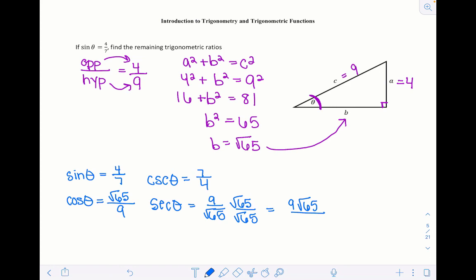And so the square root and squares sort of cancel each other out, which just leaves 65 in the denominator. And then our last two, we've got tangent, opposite, which is 4, over adjacent, which is square root of 65. We can rationalize this one as well.